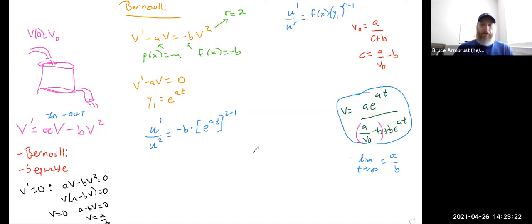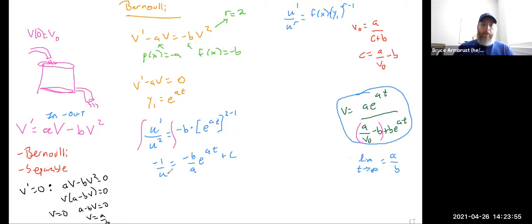All right, and now this we're going to integrate. All right, well, 1 over u squared is going to give us a minus 1 over u. Over here, e to the at to the first is just e to the at. So we get minus b over a, e to the at, plus c.